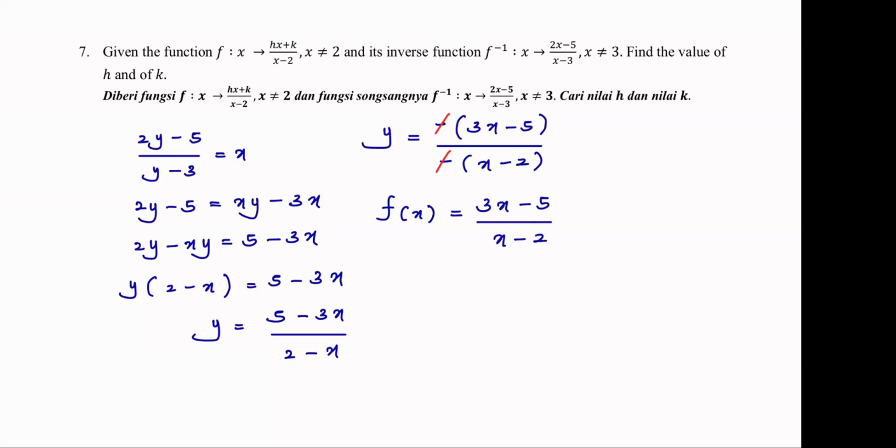So if you do a comparison, your h is 3 and your k is 95.